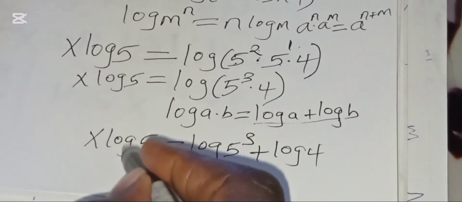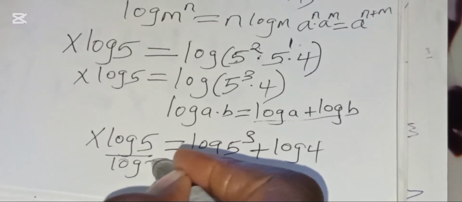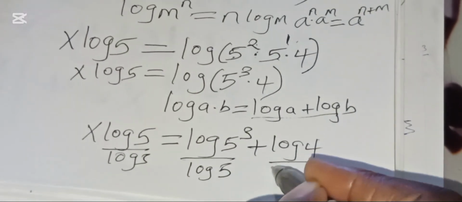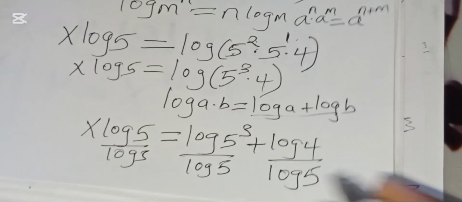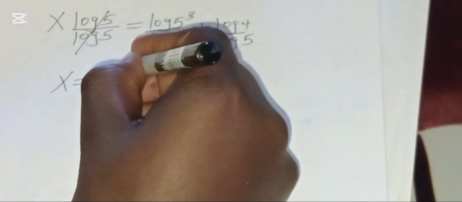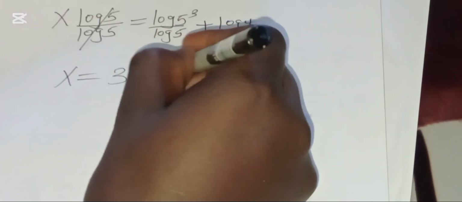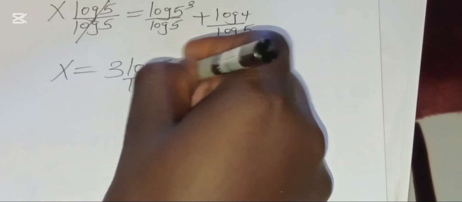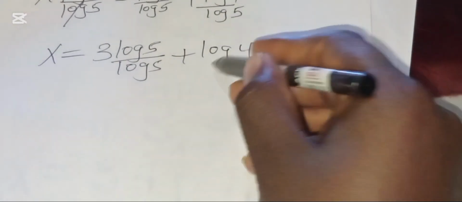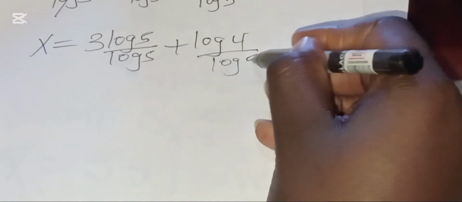Okay, so we divide both sides by log 5, divide also this side by log 5. Let's simplify here. You will have x is equal to, this is the same thing as 3 log 5 divided by log 5 plus log 4 divided by log 5.